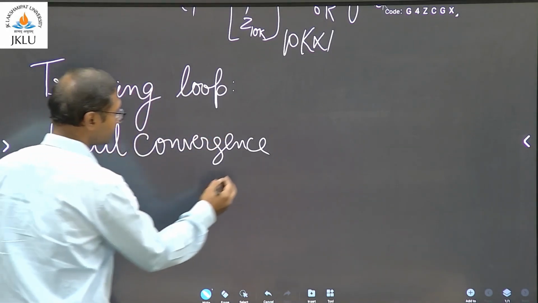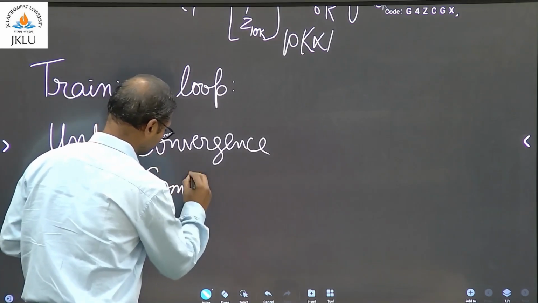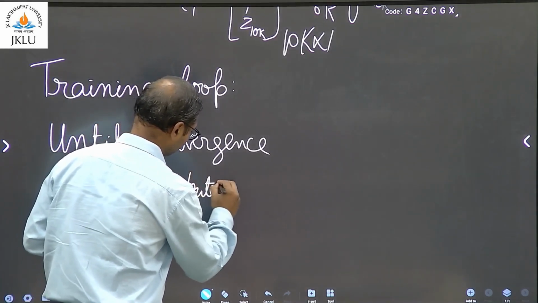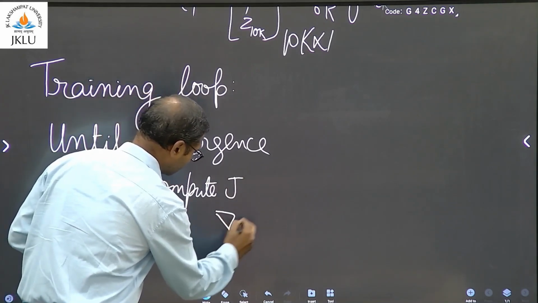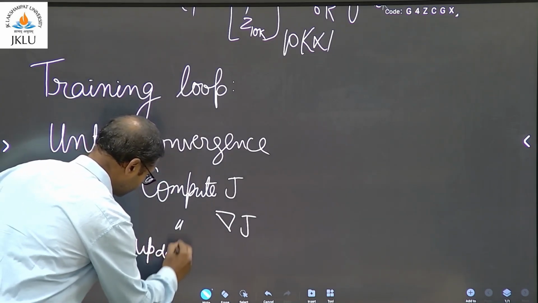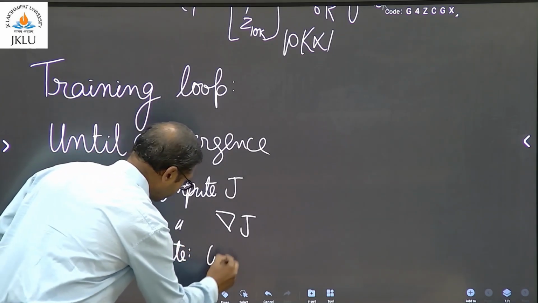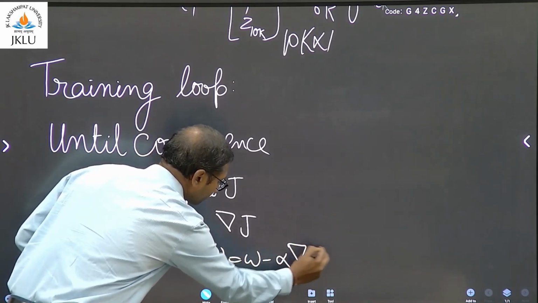So until convergence, compute J, the cost function, compute grad J, and then update. Okay.